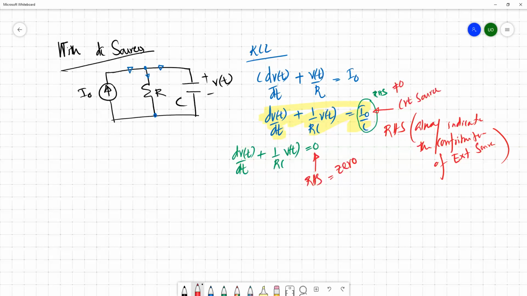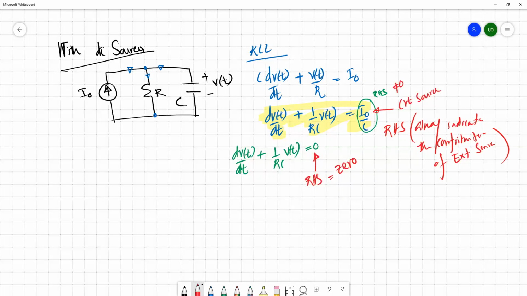Initially, when we were discussing circuits without sources, your right hand side would simply be 0. Once you move to a circuit with external DC sources, the contribution of the DC sources is simply added to the right hand side of the differential equation.